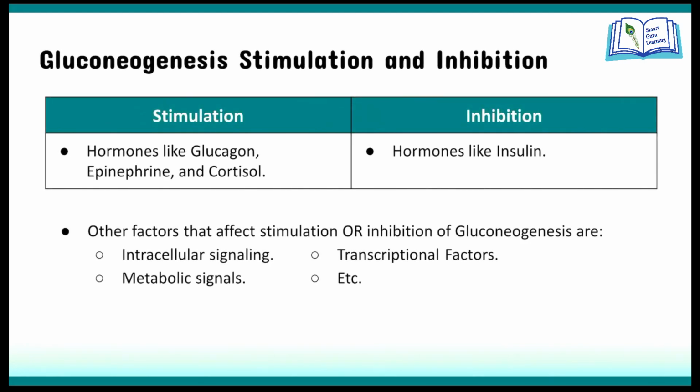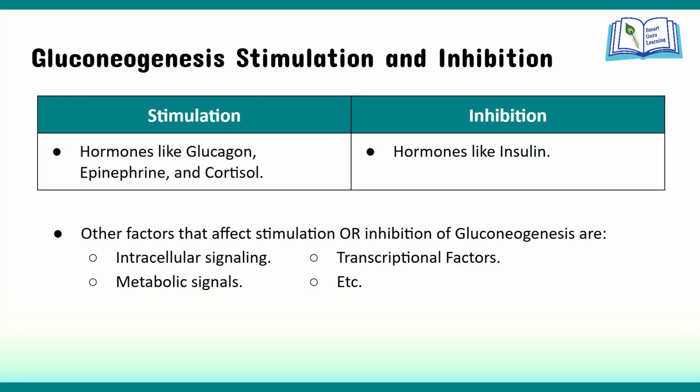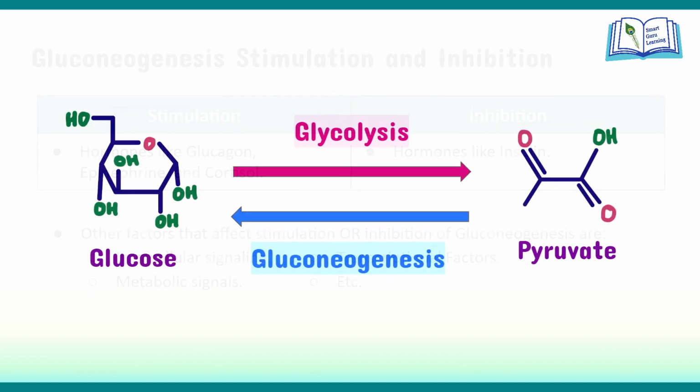Gluconeogenesis is stimulated by hormones like glucagon, epinephrine, and cortisol and is inhibited by hormones like insulin. Other factors that affect the stimulation or inhibition of gluconeogenesis are intracellular signaling, metabolic signals, transcriptional factors, etc. If we compare glycolysis and gluconeogenesis, we see that they are essentially opposite metabolic pathways.